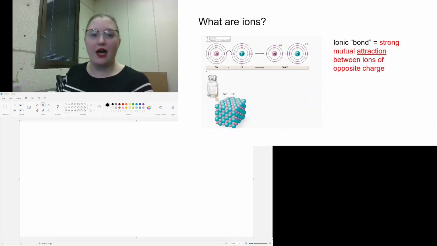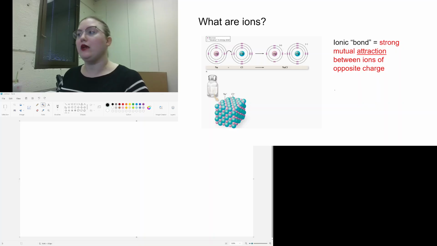Okay, let's talk about ions really quick. So, carbon we talked about as being neutral. There are some elements where the arrangement of electrons in their valence shell makes them more likely to have a charge.